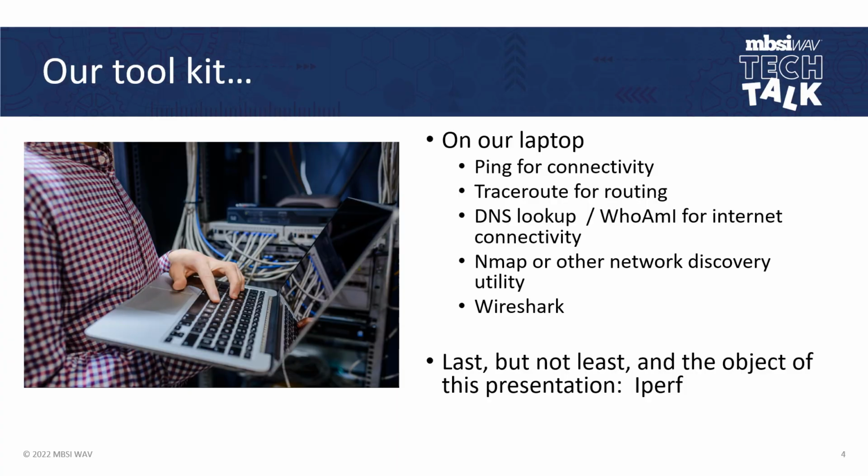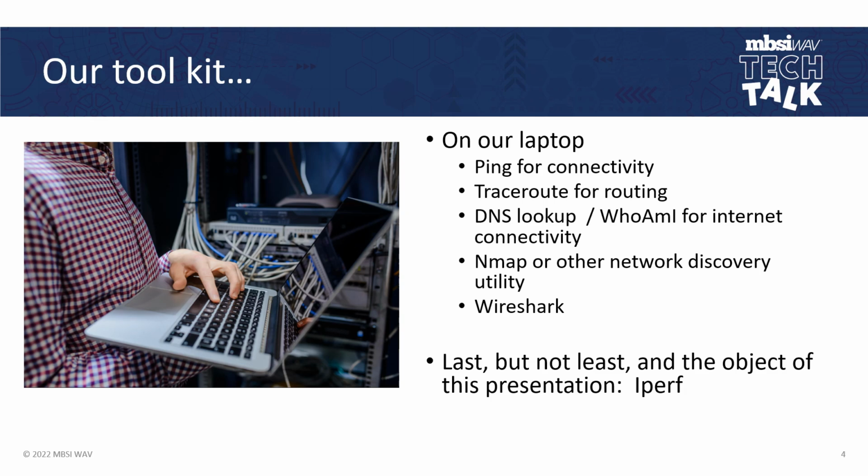So, our toolkit. Chances are that on our laptop we can ping for connectivity. We can trace route to see how our packets are getting from one place to another. We can do a DNS lookup or a who am I for internet connectivity.